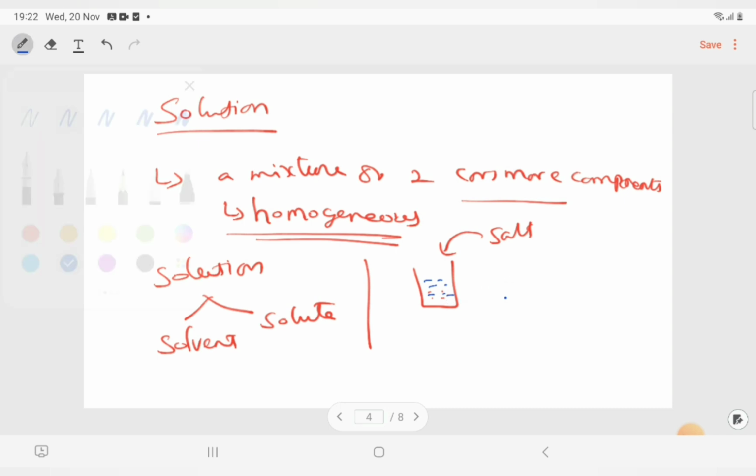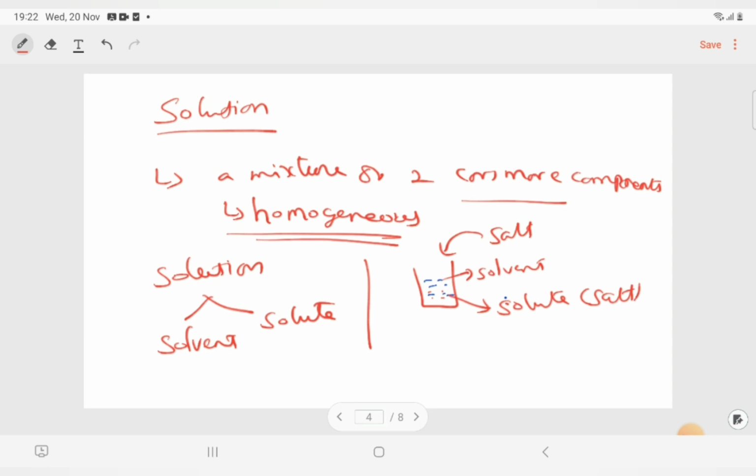Am I right? Or we can say there are only two components. The two components here are one solvent and the other solute. In this case, your salt, table salt, right?